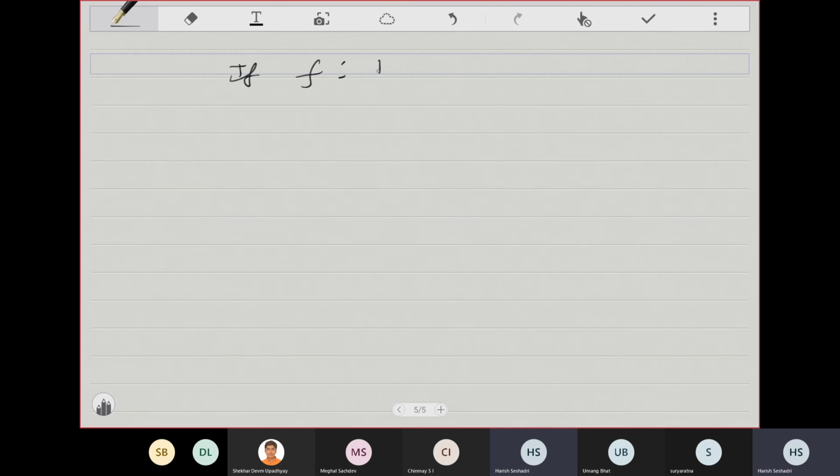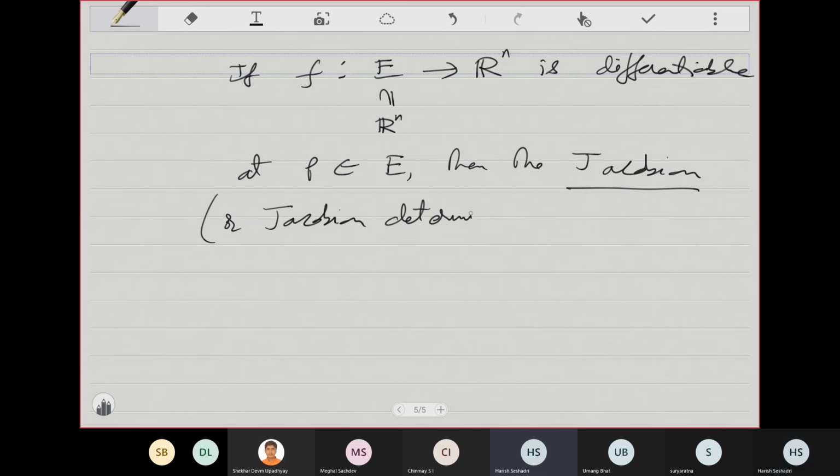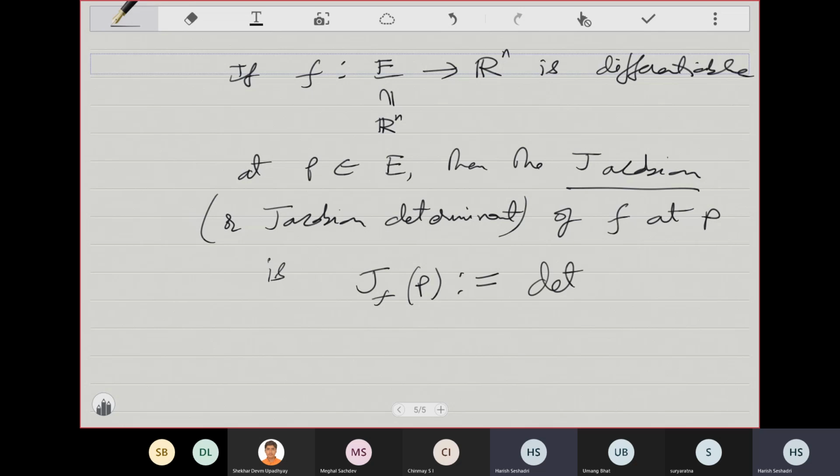If f from E to Rn is differentiable at P in E, then the Jacobian, sometimes also called the Jacobian determinant, of f at P, J_f(P), is defined to be the determinant of f prime P.